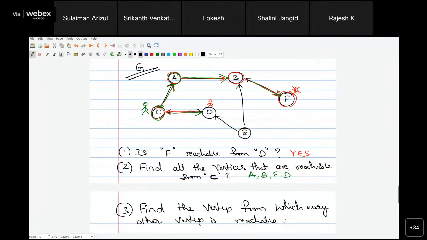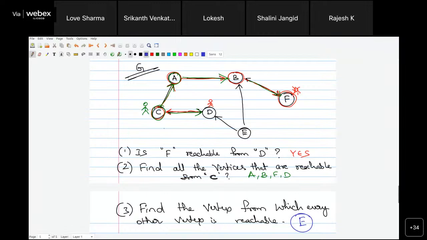So now you have to find a vertex such that from that vertex every other vertex is reachable. What vertex will it be? C or E? E. Correct. We have asked where you have to be such that you can travel to every other vertex.